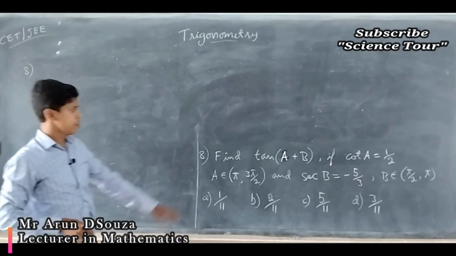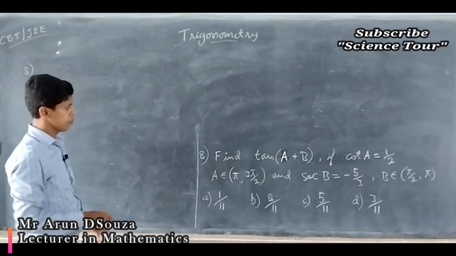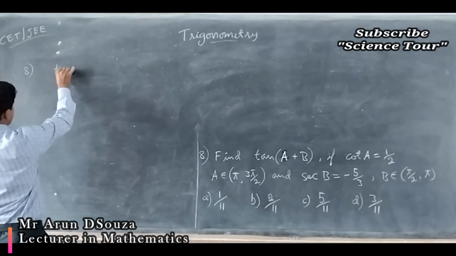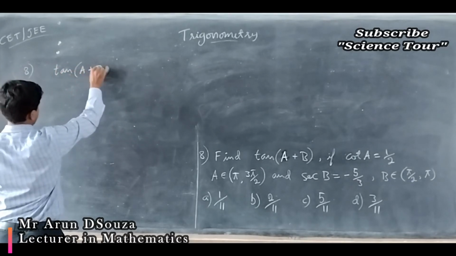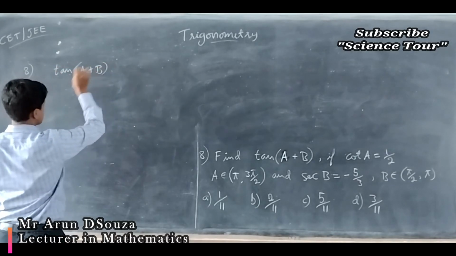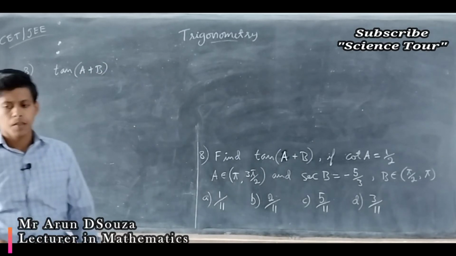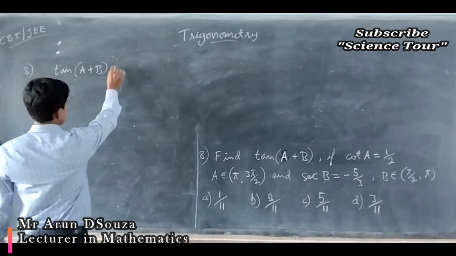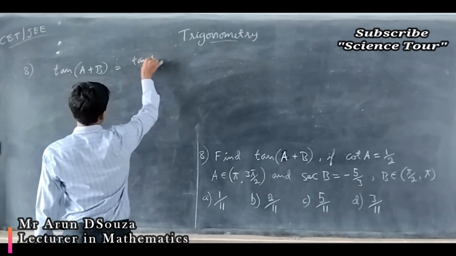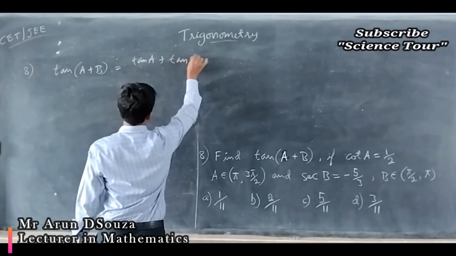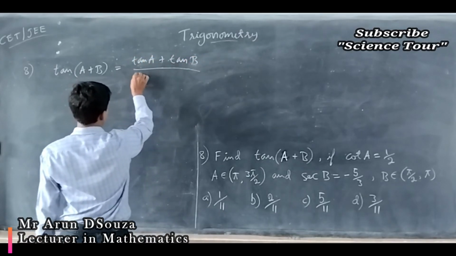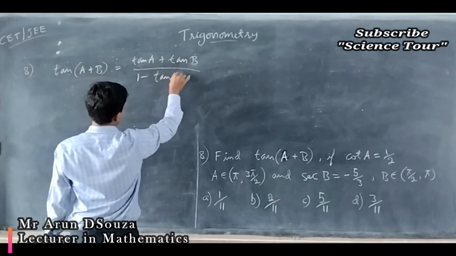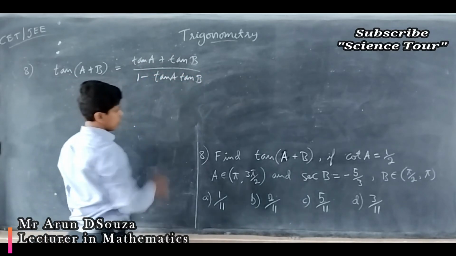So question number 8, find tan (A plus B). This is what you have to find at the end. So what is tan (A plus B)? Tan A plus tan B divided by 1 minus tan A tan B. Is it not?